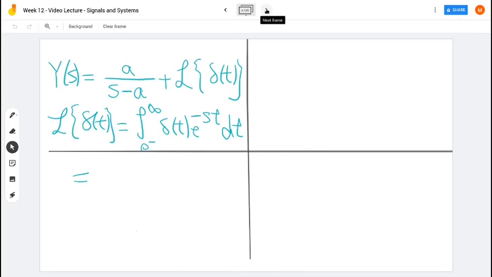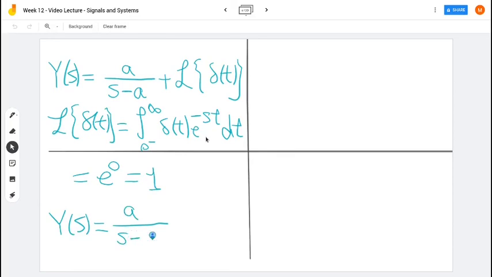So here we have an impulse happening at instant 0 multiplied by a function e to the minus st, which will give us e to the power 0, which is 1. So y of s would take the form a over s minus a plus 1.